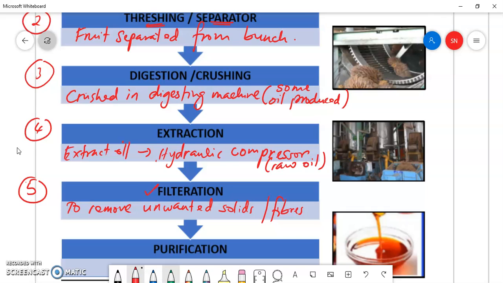Okay, when filtration is done, we already have something called crude palm oil. Okay, CRUDE, crude palm oil, or in short CPO. This is called crude palm oil at this stage.